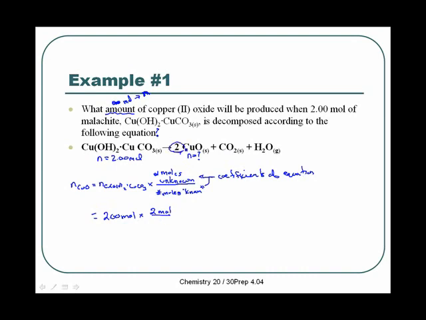I'm grabbing it right from here. The number of moles of my known is 1, right here. I have 1 mole of malachite decomposes. When it does, it forms 2 moles of copper 2 oxide, and so 2 times 2 over 1 would be 4. So that's the number of moles of copper 2 oxide formed when I decompose 2 moles.